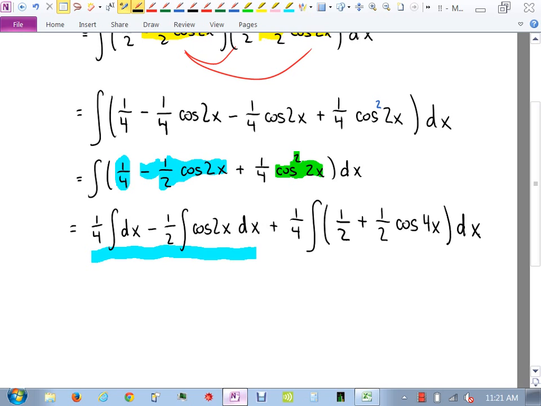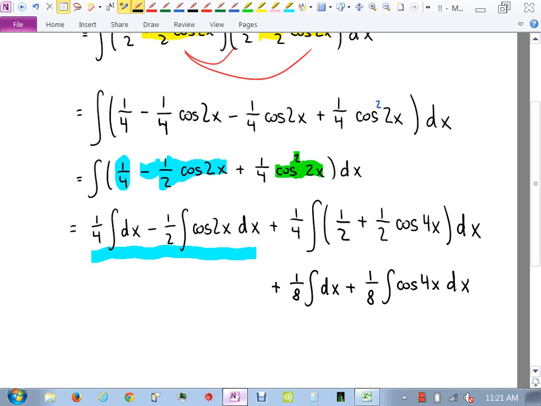All right. So now, this you should be able to do. This should turn into plus 1/8 integral dx plus 1/8 integral cosine 4x dx.